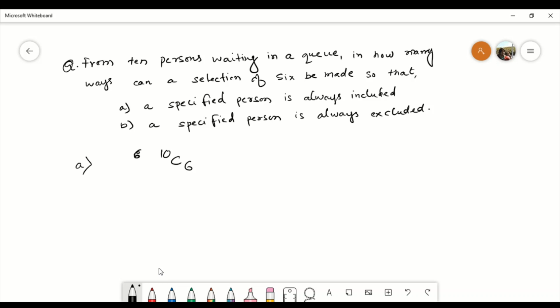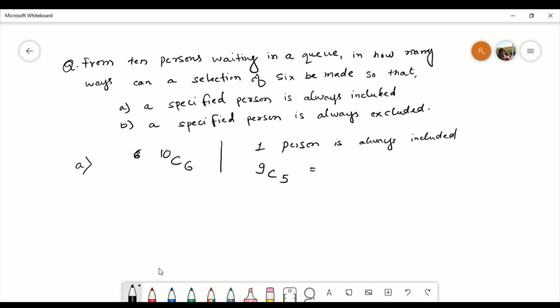So in our solution set, one person is already always included. That means for every team, we only need to select 5 more persons from a pool of 9, because one is already fixed. So that means the total number of ways is 9C5, right?